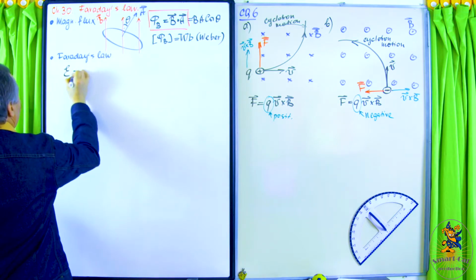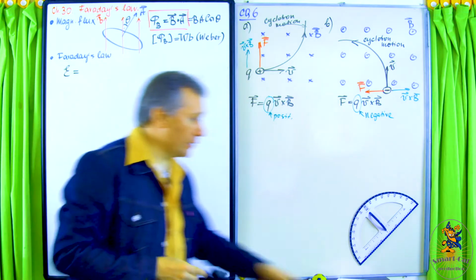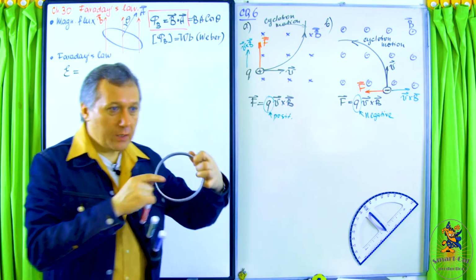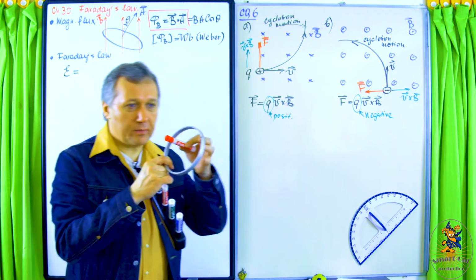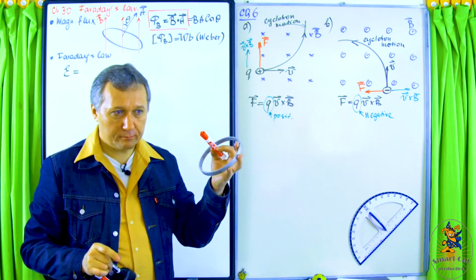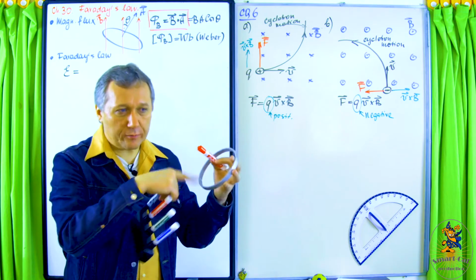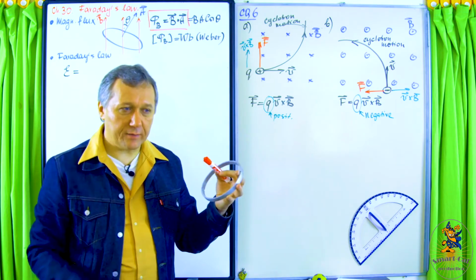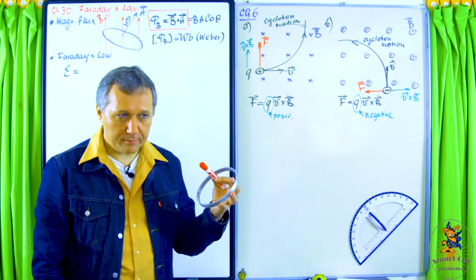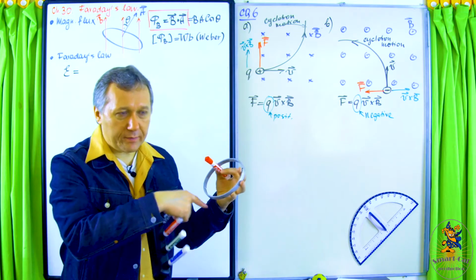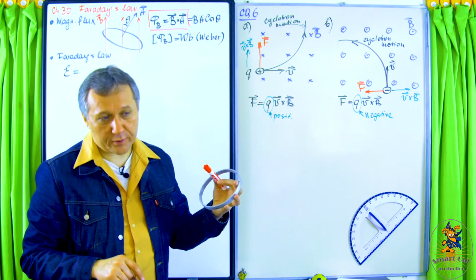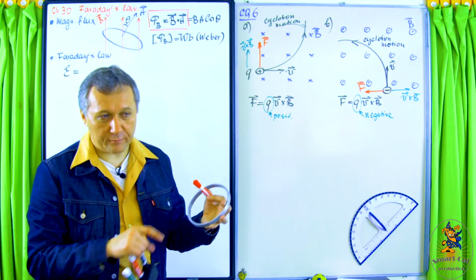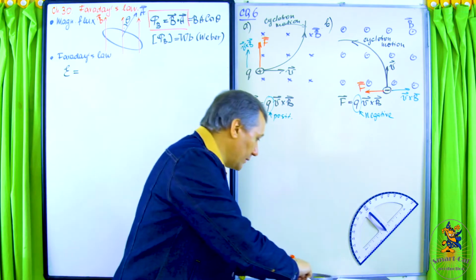So EMF. Again, you must have a loop exposed to a magnetic field, and of course there will be magnetic flux. If that flux changes in time, there will be EMF produced in the loop, and as a consequence, current will flow in the loop.